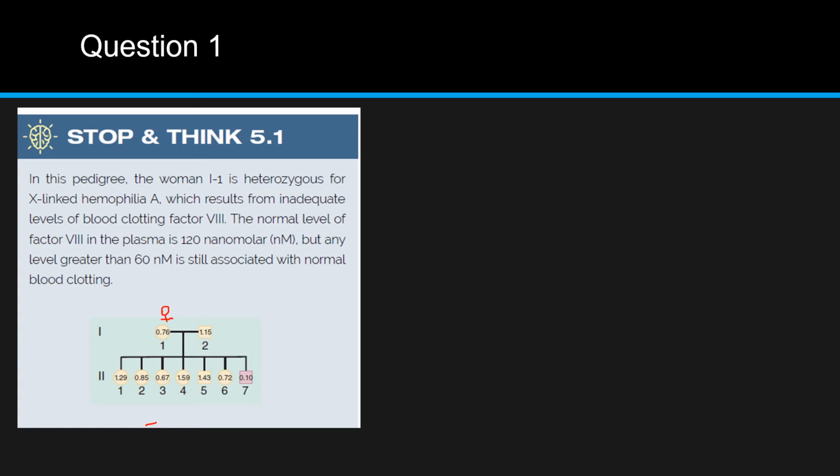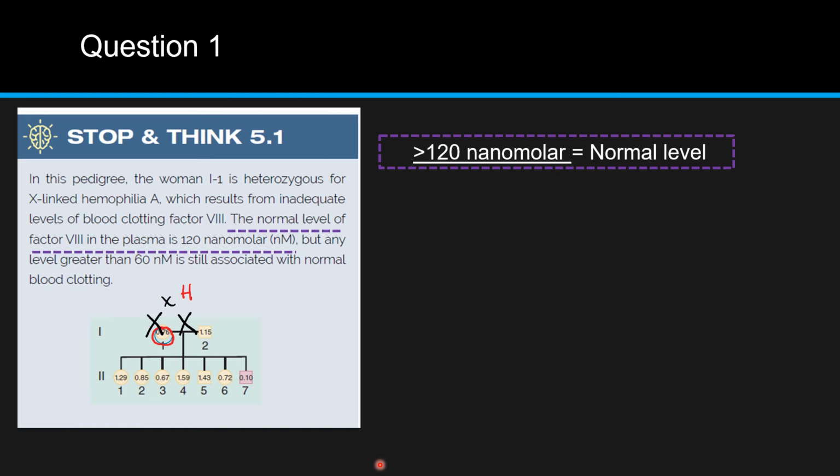Now let's start looking for the genotypes. With the genotypes, there is something important that they already gave you. You know that this is heterozygous, so it has the disease, and you can start making a connection with the plasma. They told you this can be 120, and when you have 120 it will be normal. But this one is not 120, this one will be 7.6.